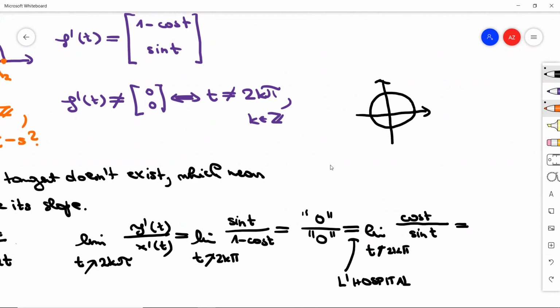So let's say that we do 2 pi, once around the circle, and then we come to this point. So cosine will be 1, while the sine will be approaching 0 from the negative direction. So it will be minus 0. So this will be, in fact, minus infinity.